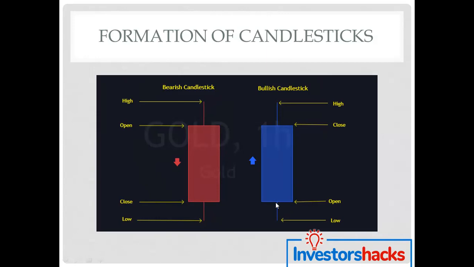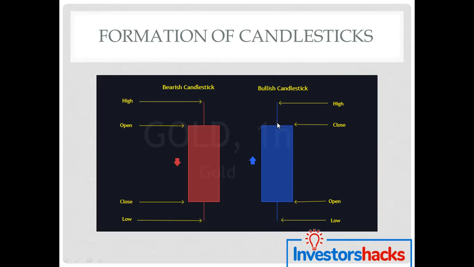And with this one, the price opened at this point, and this is a bullish candle. It opened at this point, it retraced back, creating the lower shadow or the wick to form the low price. Then it retraced back to the opening price, started forming the body all the way up here, creating the high price.